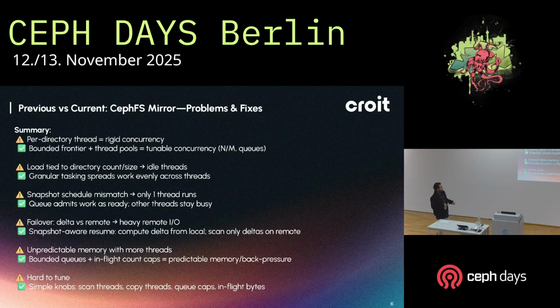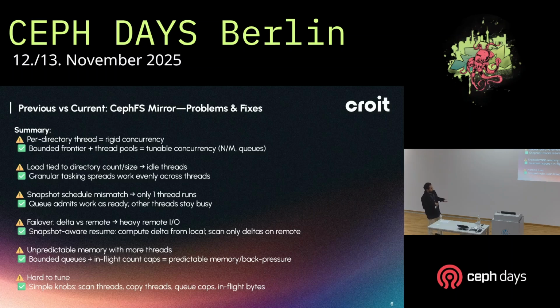So now granular tasking spreads work evenly across threads. Also previously, snapshot schedule mismatch was one problem, because you don't take snapshots for every directory at the same time. You take, let's say, one hour later, another directory's snapshot. So there is a chance that we are not utilizing the concurrency.